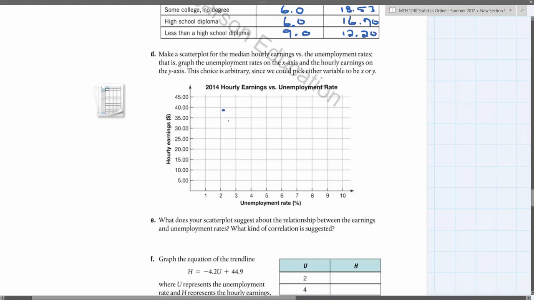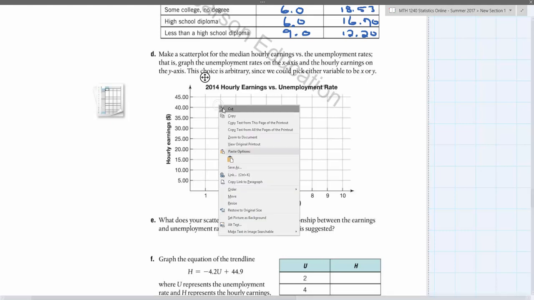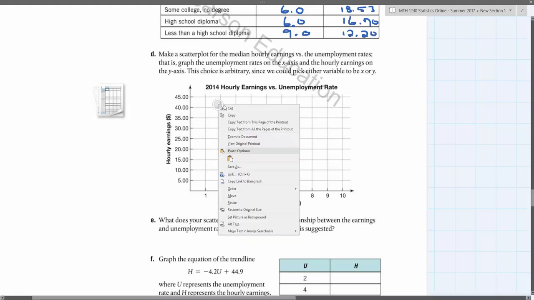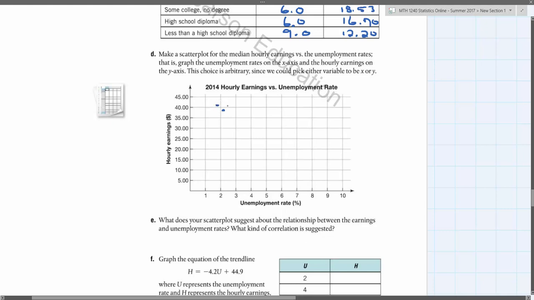And then 1.9, 40, maybe like here. And then 2.8. I'm just going to pause this and finish plotting these and then catch back up with you.